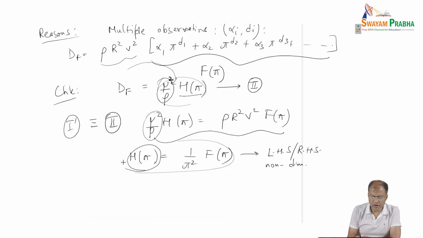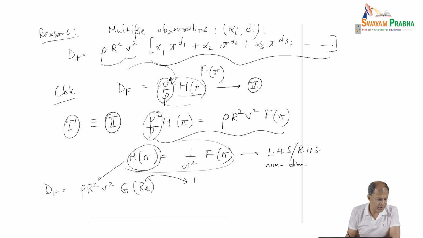So talking about arbitrary function, we could also have written drag df to be rho r square v square times g of Re, where Re is the dimensionless group r v rho by mu. So this is nothing but 1 over pi.